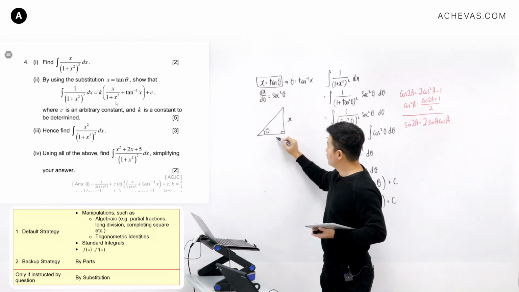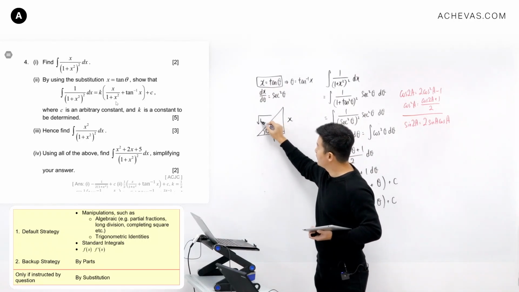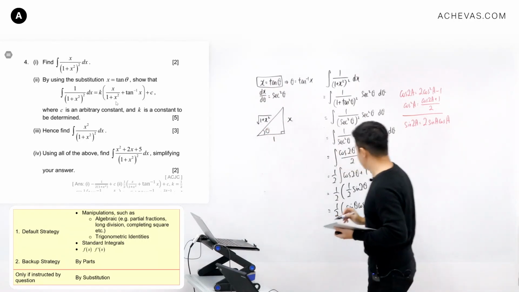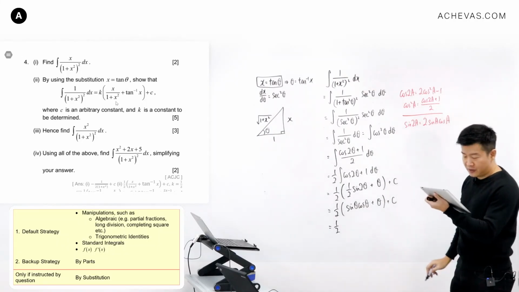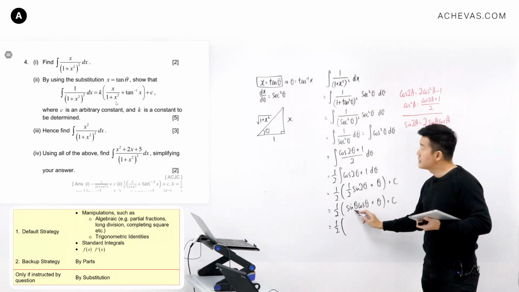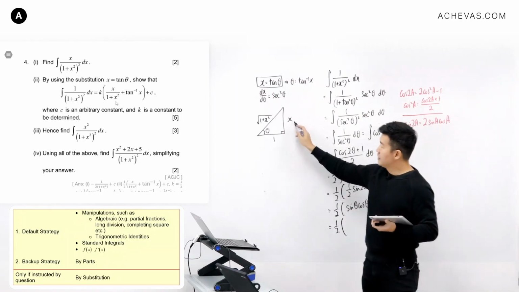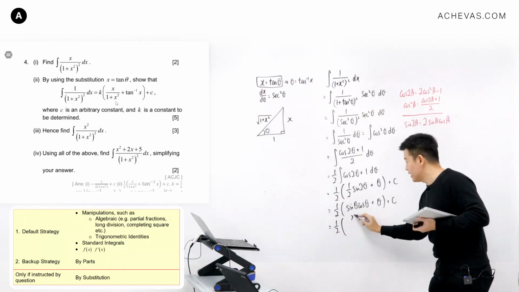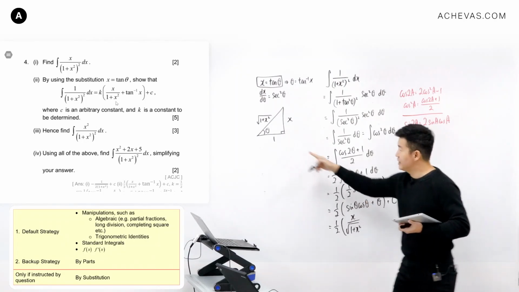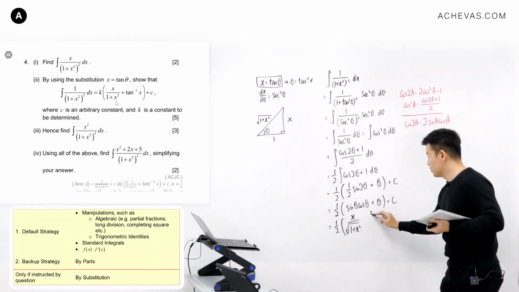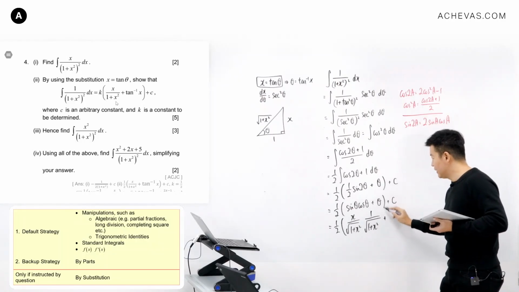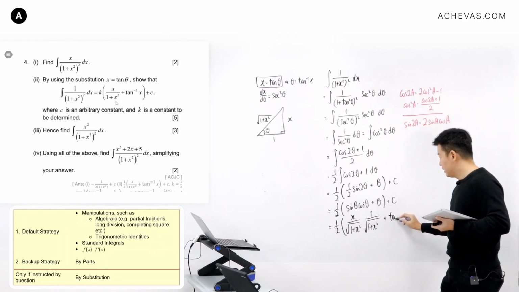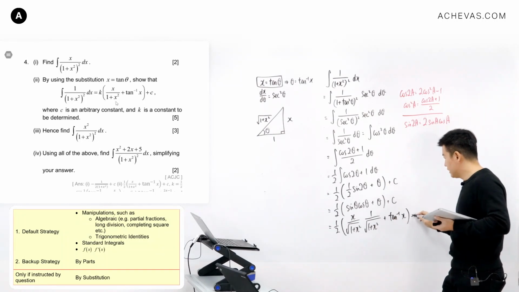So it's going to be x over 1, which means that here by applying the Pythagoras theorem is this. So this is going to be equal to half. Sine theta is opposite over this. So it's going to be x over square root of 1 plus x squared. Cosine is this over this. So it's going to be 1 over square root of 1 plus x squared. And this, I can replace it by tangent inverse of x, then plus c.